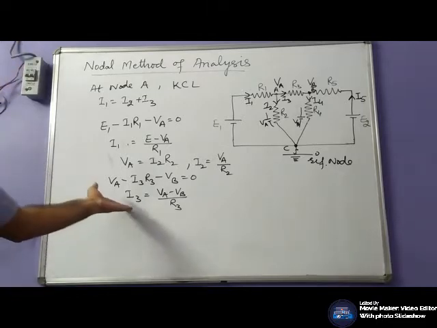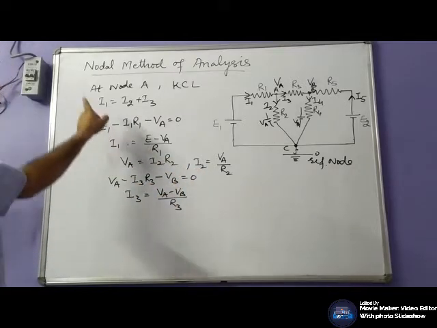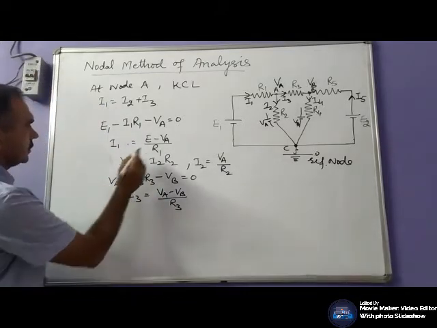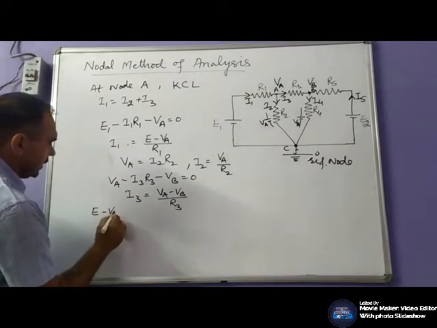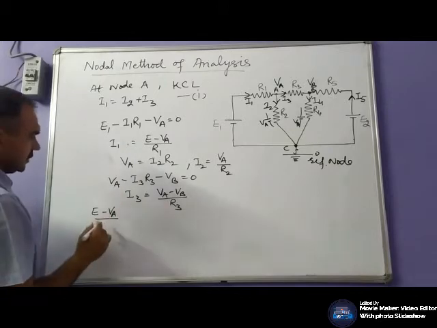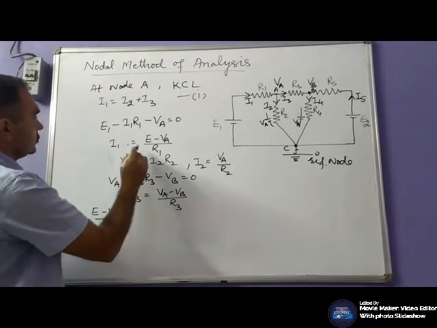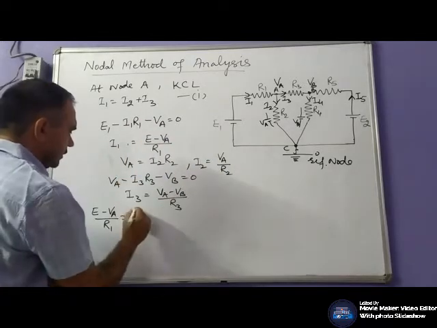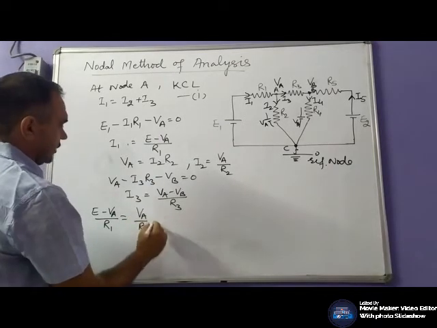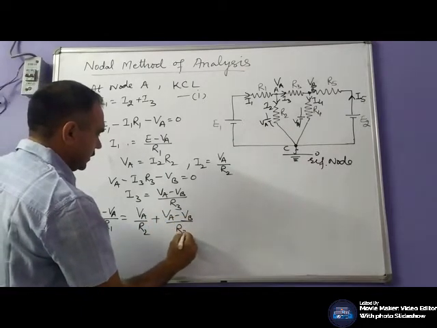Now put the values of I1, I2 and I3 here. Your first equation becomes (E1 minus VA) by R1 is equal to, what is I2? I2 is VA by R2, plus I3, which is (VA minus VB) by R3.